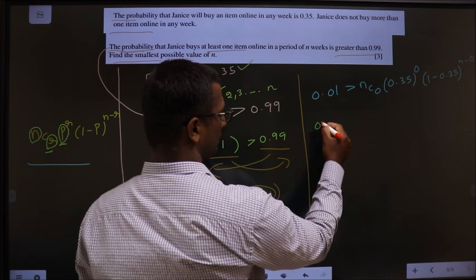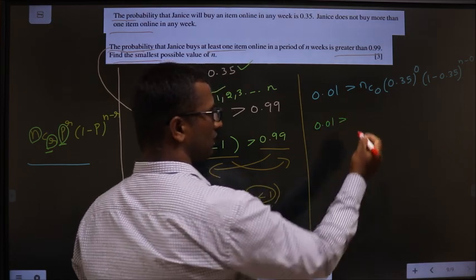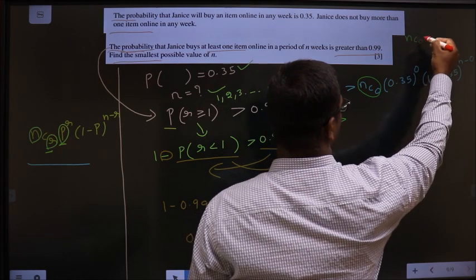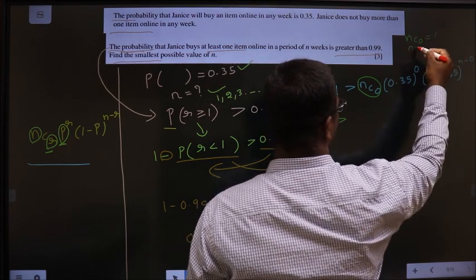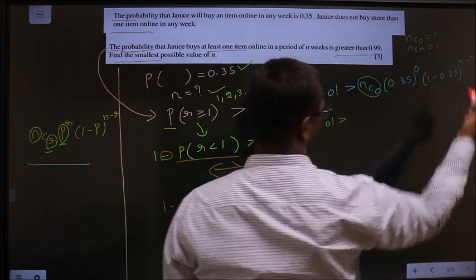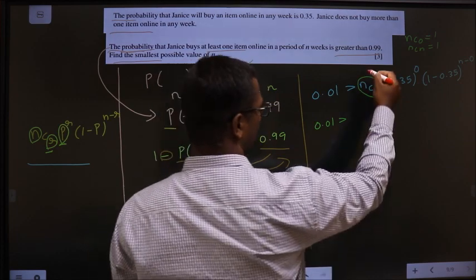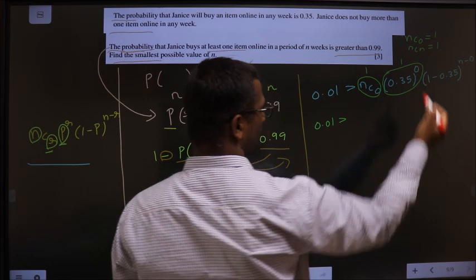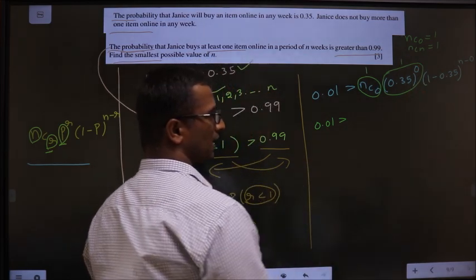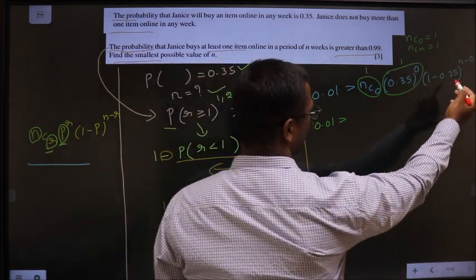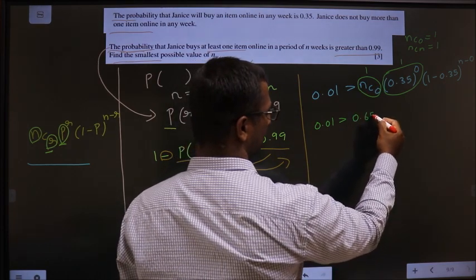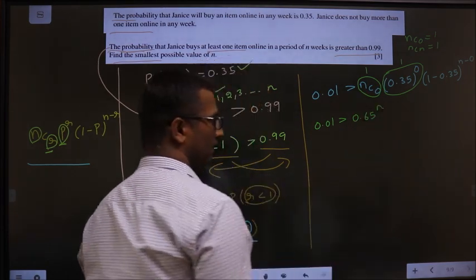Next, you should know this, that nC0 will always be 1, even nCn will also always be 1. So this is 1. Here it's power 0, so this will also be 1. So we are left out with only this. 1 minus 0.35 is 0.65 power n.